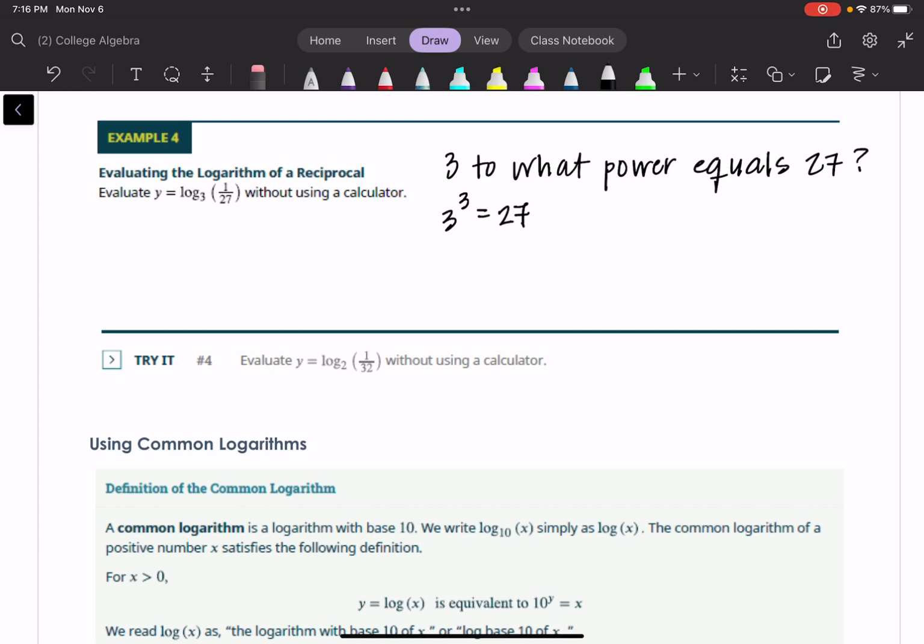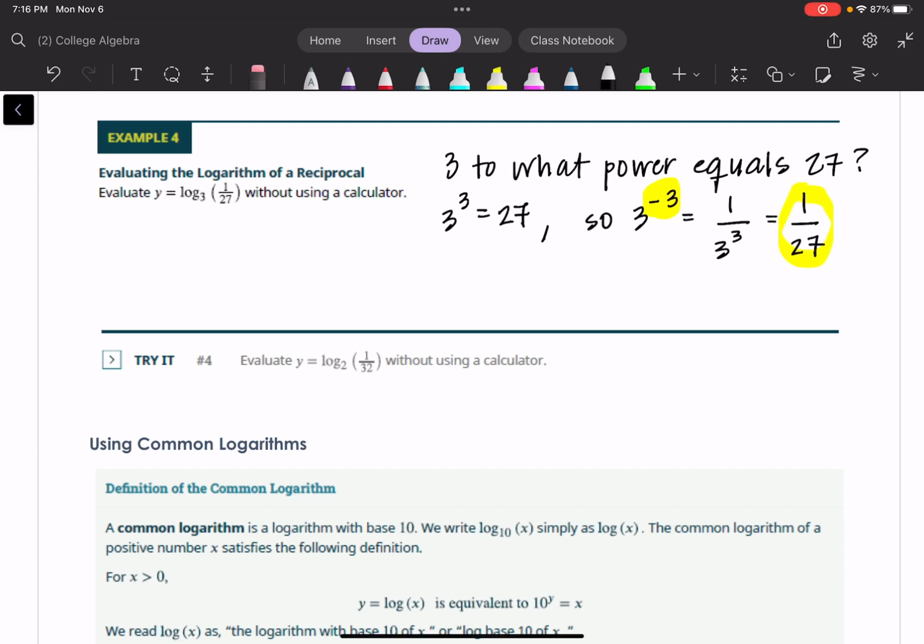And so we can think about this like this. How can I get this down into the denominator? Well, using the properties of negative exponents, 3 to the negative 3 equals 1 over 3 to the 3, which we already said that 3 to the 3 is 27. So this would be 1 over 27. So the power that I'm looking for is, if I raise 3 to the negative 3rd power, I do end up with 1 over 27.